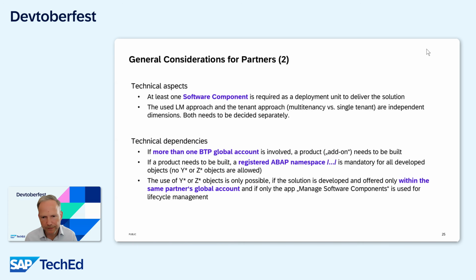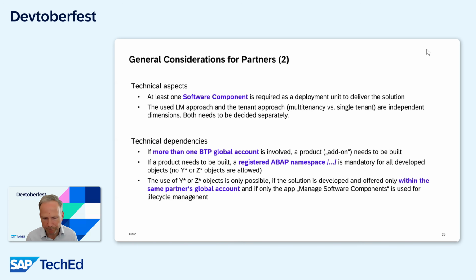So it's highly recommended that you, as a partner, use an ABAP namespace. So please, if there's no namespace available for you yet, then please register a new ABAP namespace with a central approach, which is independent of Steampunk. So in SAP for Me, you can register an ABAP namespace, and then you can use this registered ABAP namespace also in the Steampunk system.